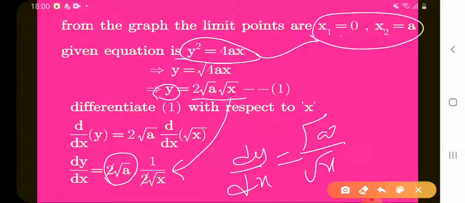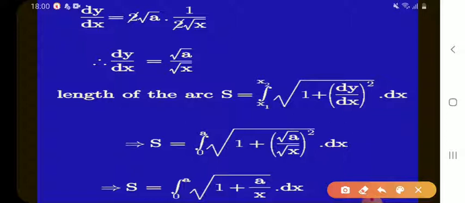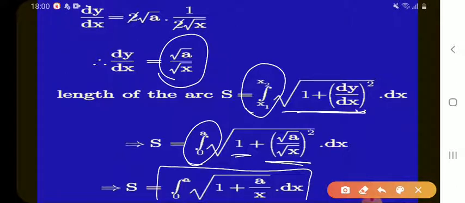And we have limit values also. So I write the formula of length of arc, integral x1 to x2 root 1 plus dy by dx whole square. What are x1, x2? Integral 0 to a root 1 plus, what is dy by dx? Root a by root x. So root a by root x whole square. So we get 0 to a root 1 plus a by x.